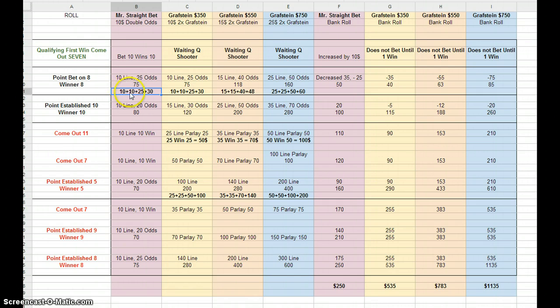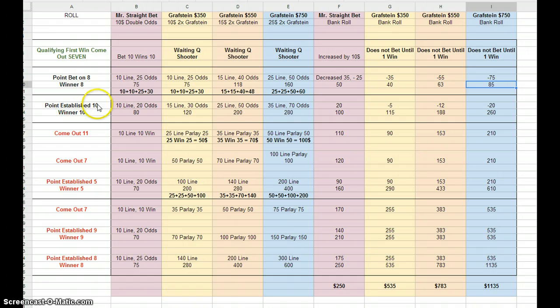The pass line bet plus the winnings on the pass line plus the odds bet plus the winning on odds. And you can see I've done that basic math for each of the bettors here, and then I've applied that to their overall bankroll. So this is what happens to their bankroll net after a point is established and there's a winner.